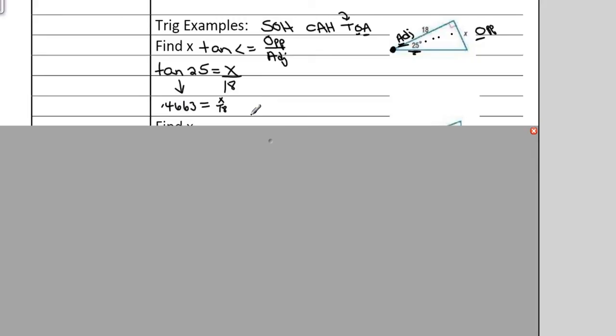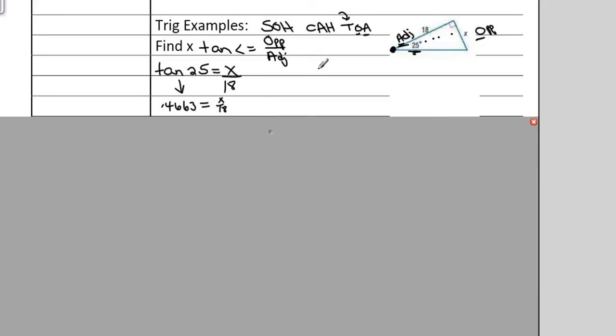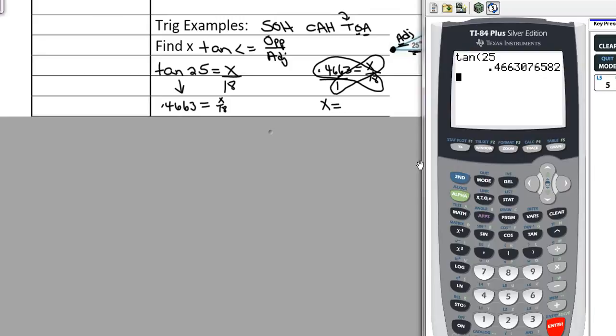And now, I'm actually going to carry this up over here. 0.4663 equals x over 18. Now I'm going to put 0.4663 over 1 because it's going to help me to remember how to cross multiply. Because remember, every number in the world can be put over 1 and it'll hold the same value. So cross multiplying, we do x times 1, which is x, and then we do 0.4663 times 18.